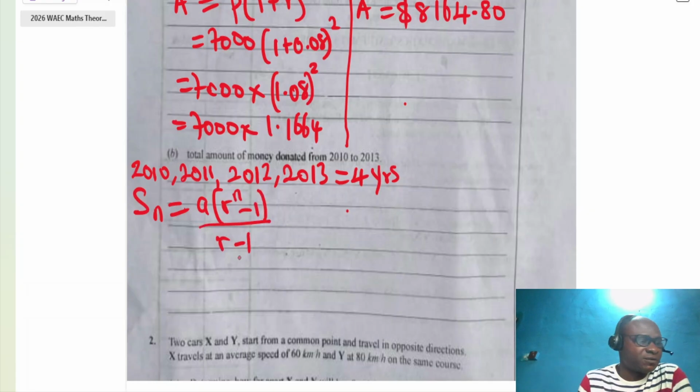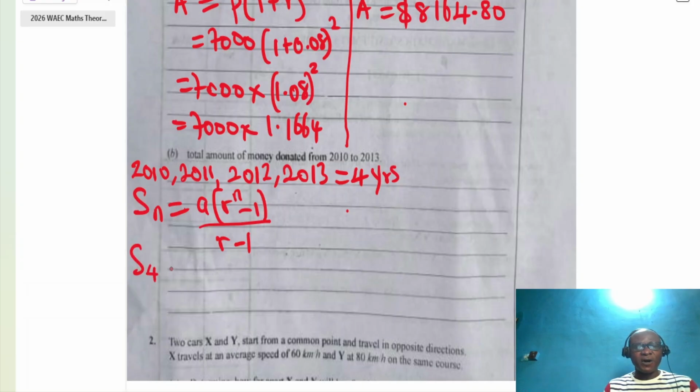I use this formula because the common ratio is greater than 1: every year it increases by 8%, so the common ratio is 1.08. So I am summing for 4 years.